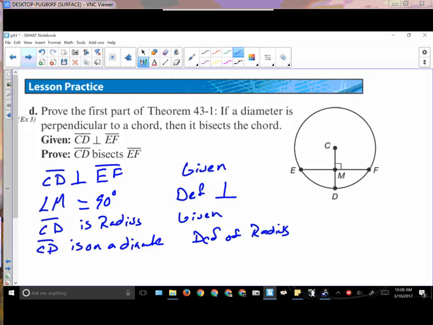So, I know it's at a right angle. I know that it's a diameter. I know that we have this situation. Can I now go and say that because it's perpendicular to the chord, it bisects? And which one of those rules is that?